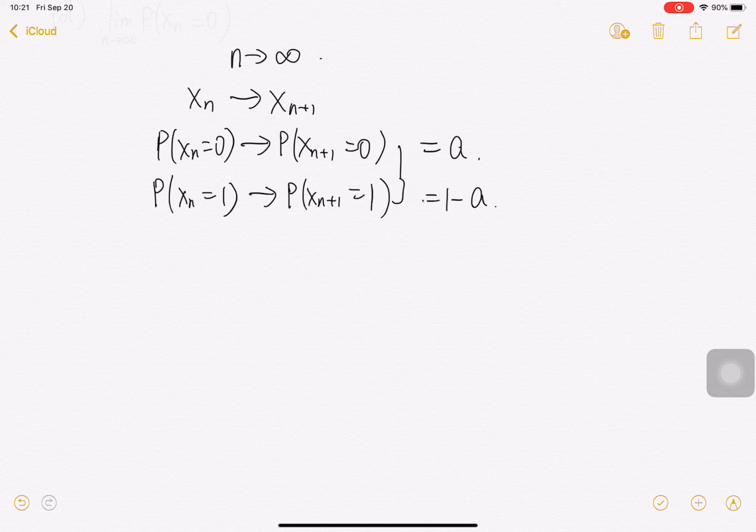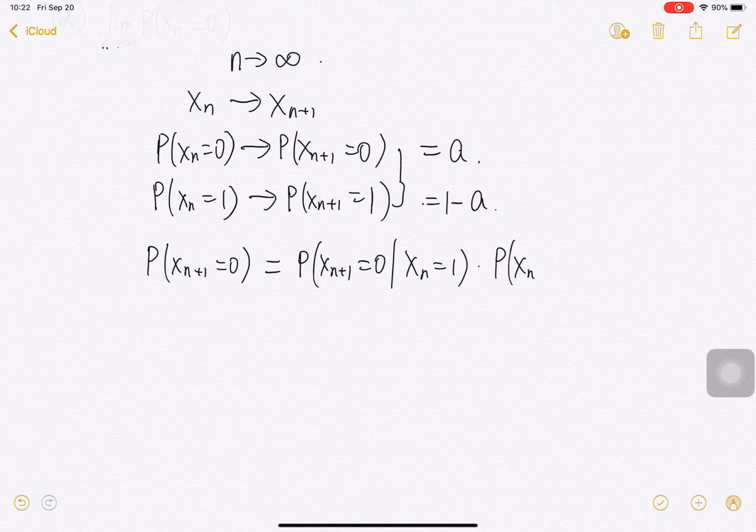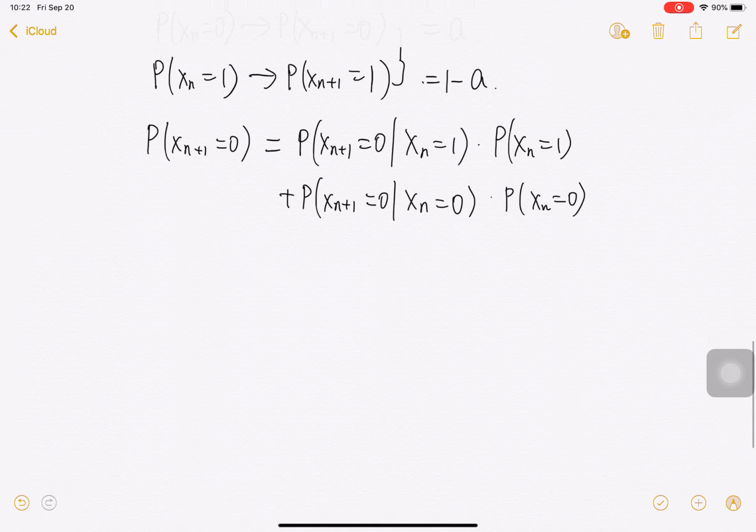For the probability of x(n+1) equals 0, it equals the probability of x(n+1) equals 0 given xn equals 1 times the probability of xn equals 1, plus the probability of x(n+1) equals 0 given xn equals 0 times the probability of xn equals 0.